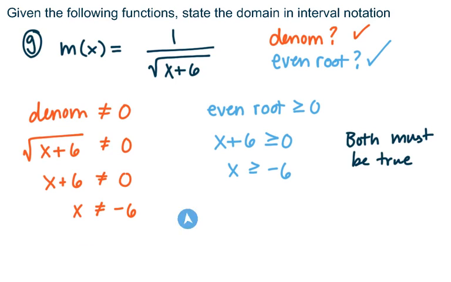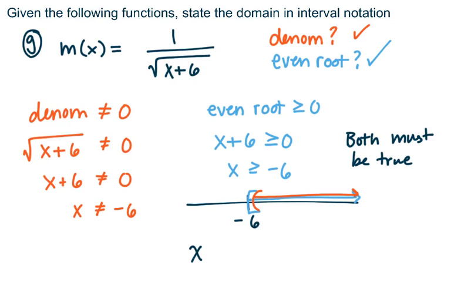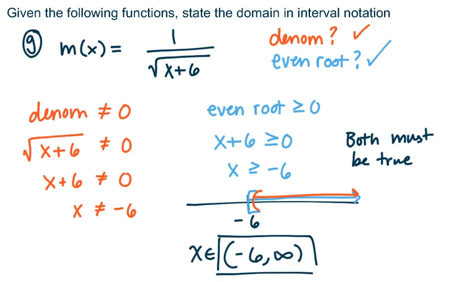So if x is greater than or equal to negative 6 and it cannot equal negative 6, here's my negative 6. So greater than or equal to looks like that. Strictly greater than is right beside it, but just a little bit past, right? So we see that little gap. So in this situation, x is in the set from negative 6, not including negative 6, to positive infinity.